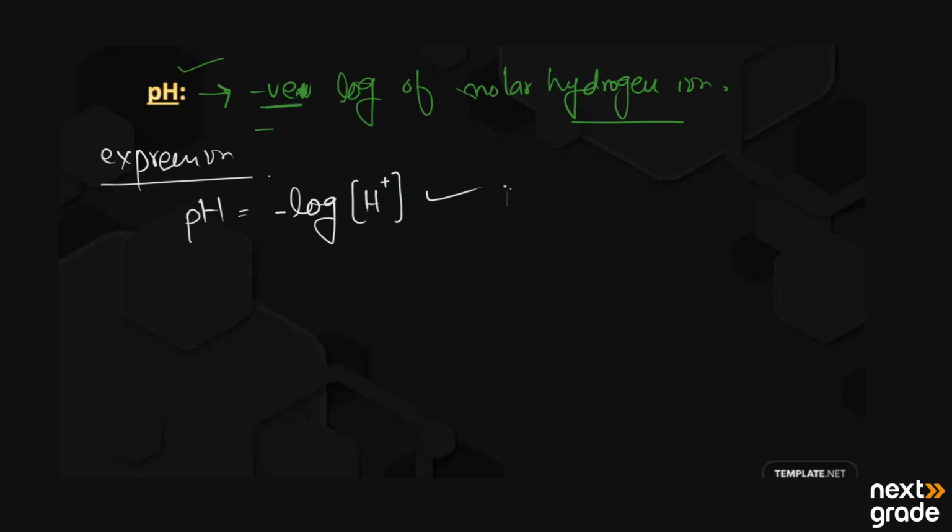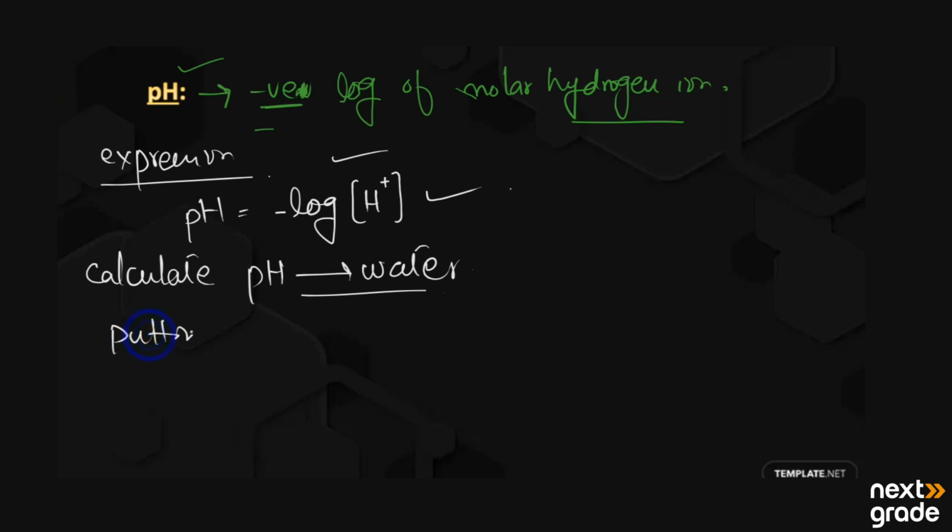Now, according to this scale, we can calculate the pH of water. For example, by putting in the value, the concentration of hydrogen ions in pure water is 1.0 times 10 raised to the power minus 7.